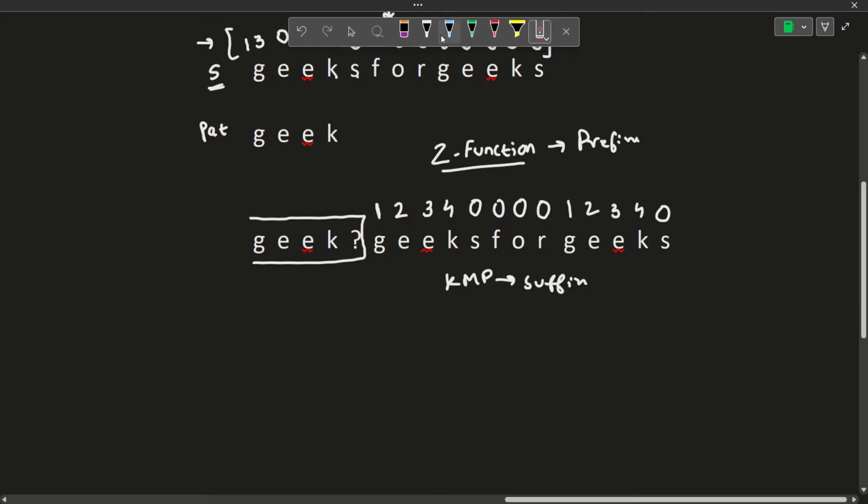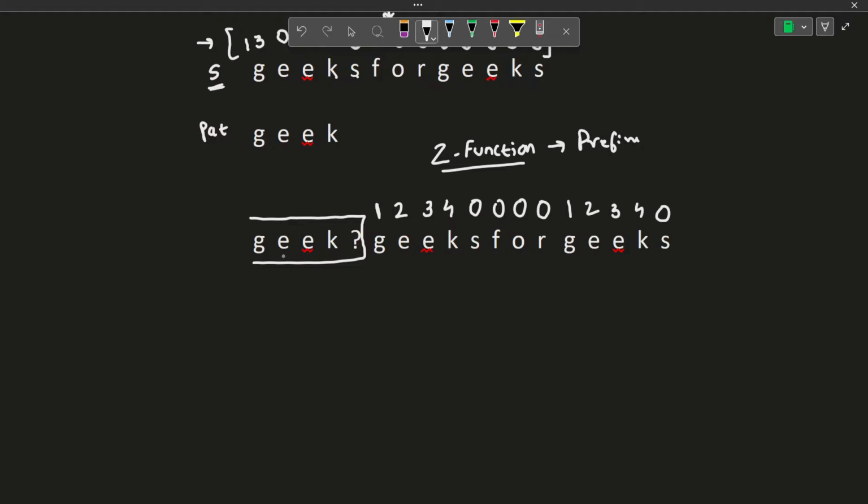Now again, let me discuss the implementation as well. How are we going to implement this for finding the answer? So this will be at index 0, this will be at index 1, then 2, then 3, then 4, 5, 6, 7, 8, 9, 10, 11, 12, 13, 14, 15, 16 and 17, right? So we are going to start from the position 2 into pattern size, right?